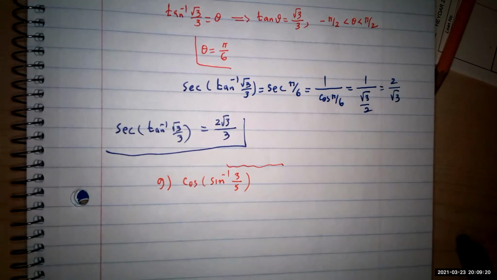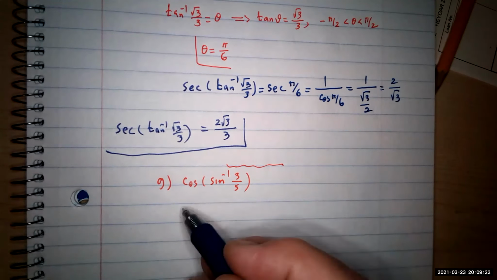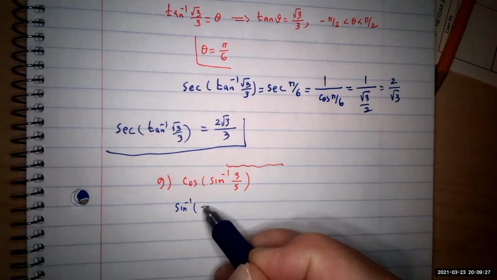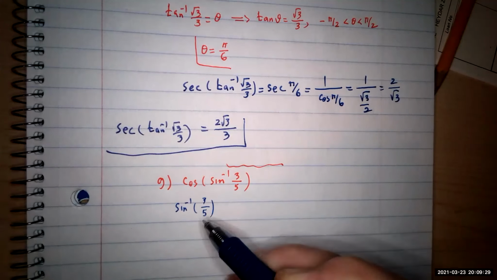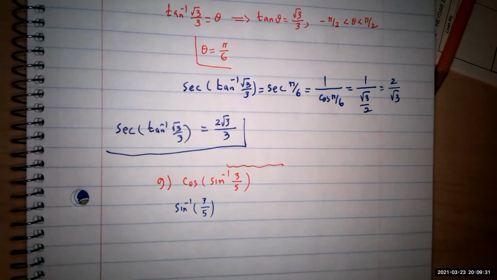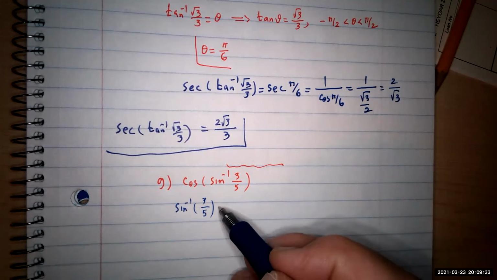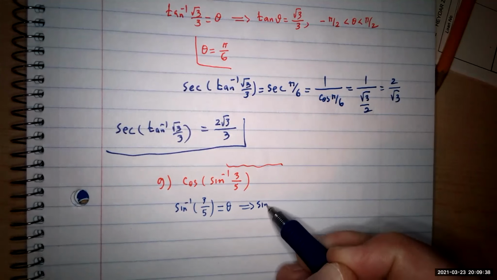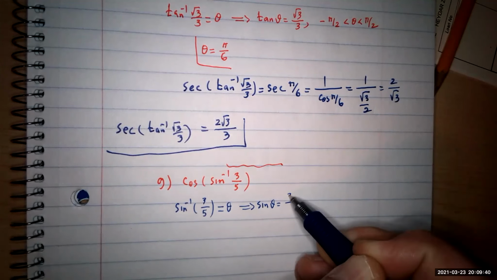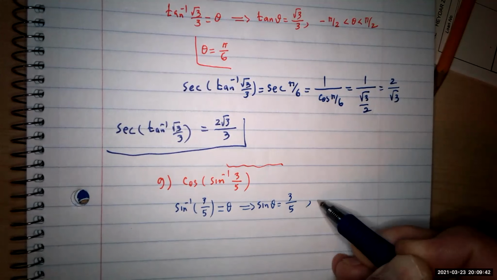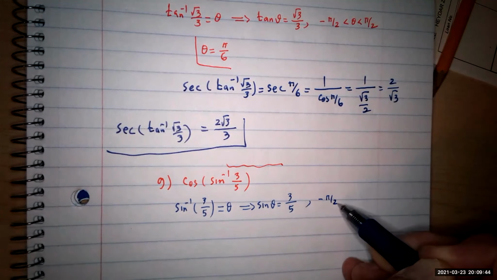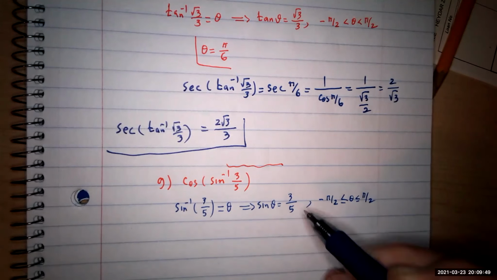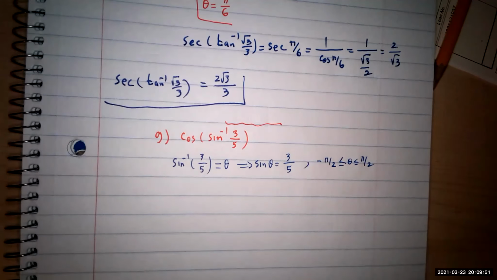We start with the angle: sine inverse of 3/5 is theta, so the sine of theta is 3/5. The restriction is that theta is between -pi/2 and pi/2. We know we are in the first quadrant because it's positive.